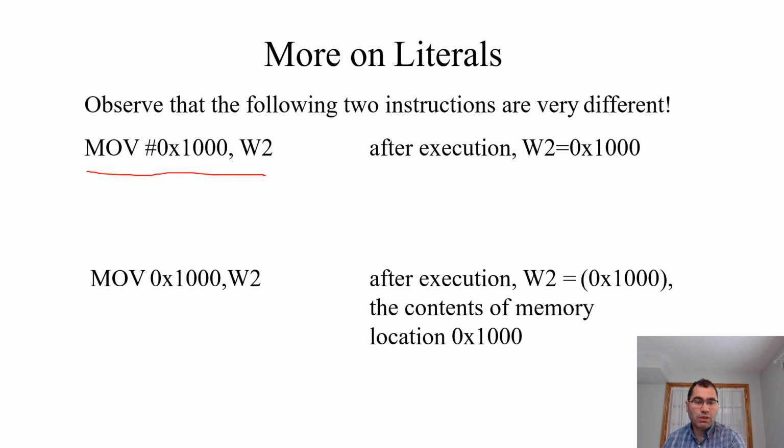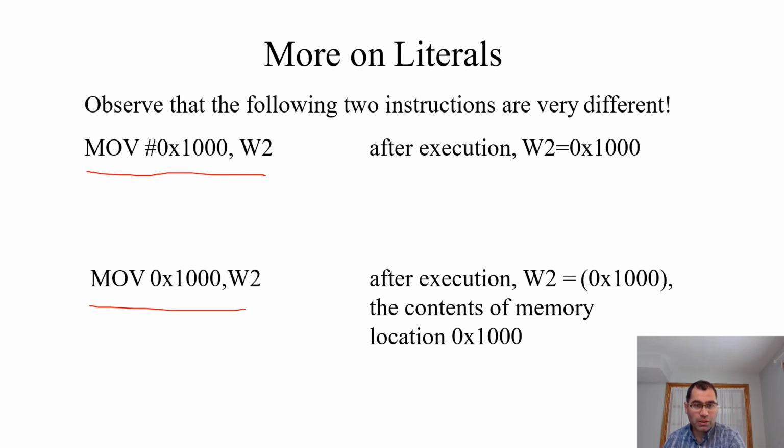The next one seems like the same thing, but in this case we don't have a pound sign. What that means is your compiler will take it as an address location.